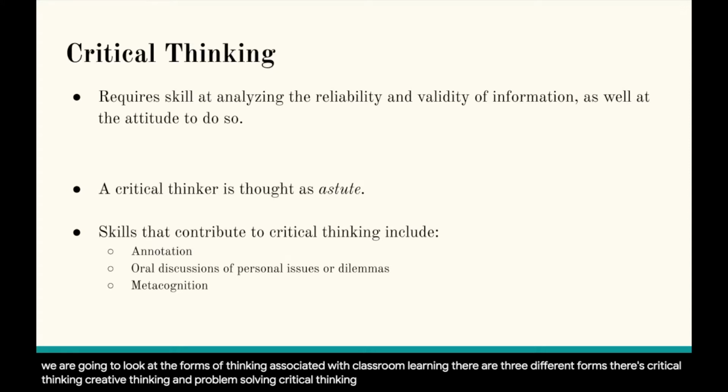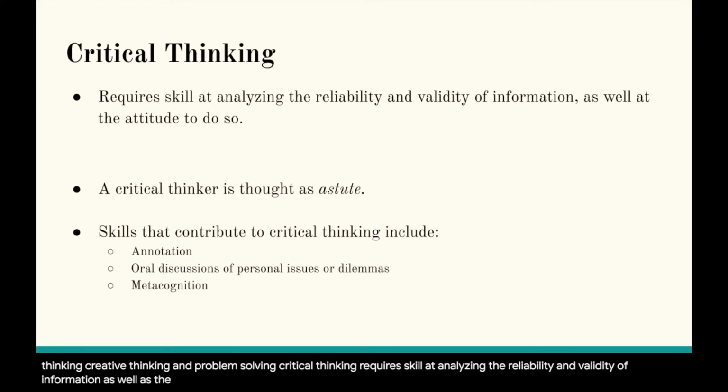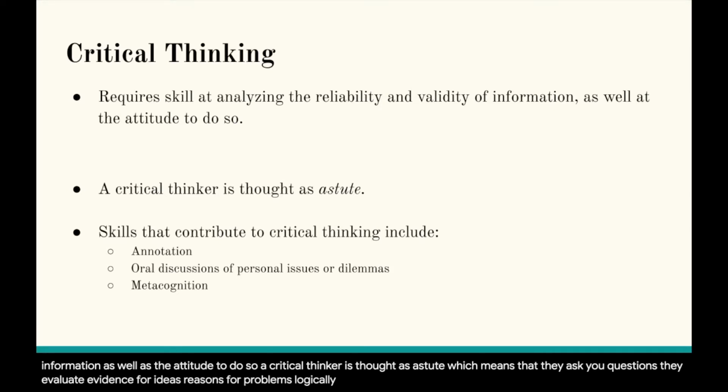Critical thinking requires skill at analyzing the reliability and validity of information, as well as the attitude to do so. A critical thinker is thought of as astute, which means that they ask key questions, evaluate evidence for ideas, reason through problems logically and objectively, and express ideas and conclusions clearly.